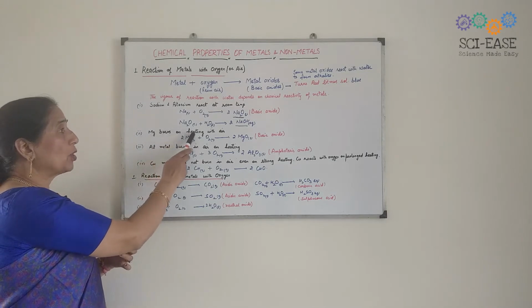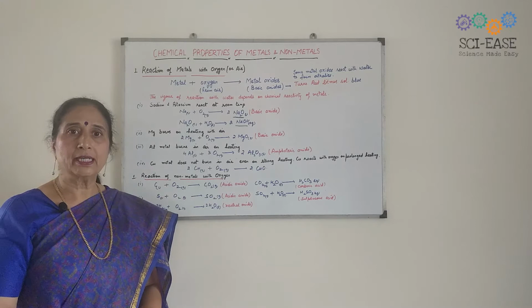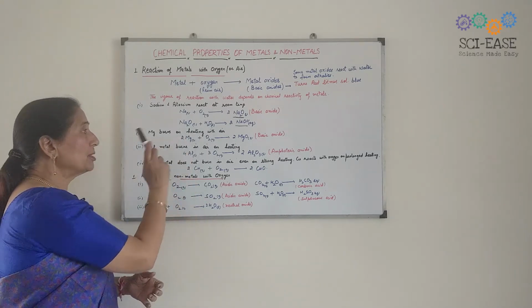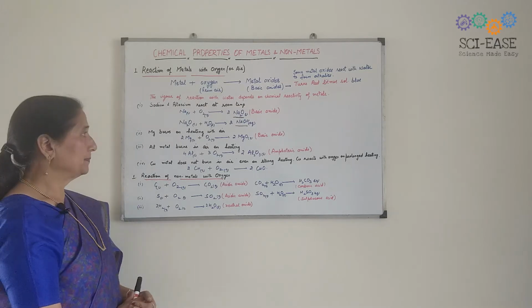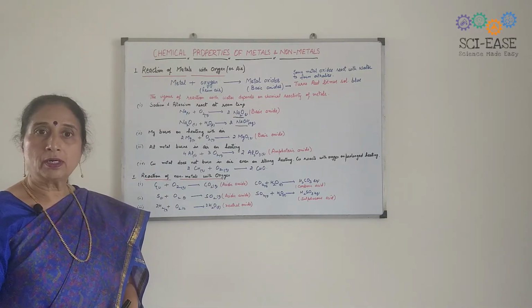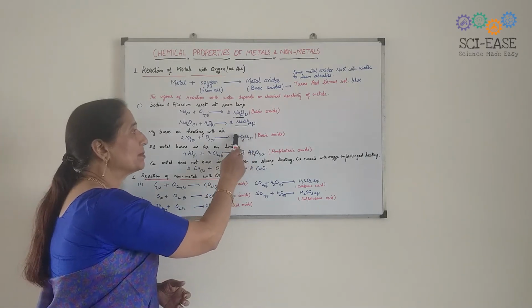Now, come to magnesium. Magnesium burns on heating with air. This reaction we have already done in chemical reactions. When magnesium ribbon is burnt in air, it results in the formation of a white powder, which is magnesium oxide.